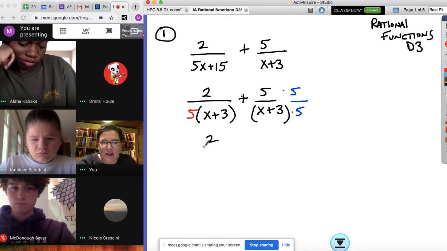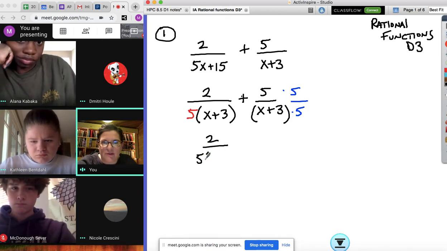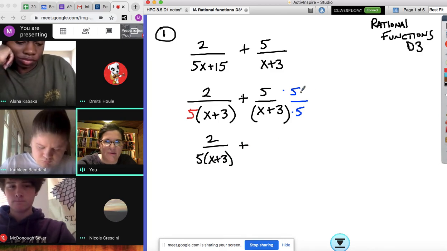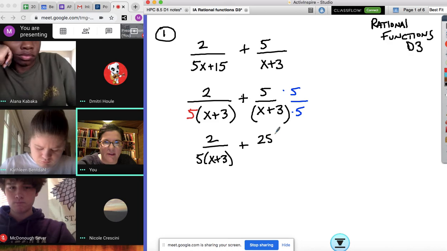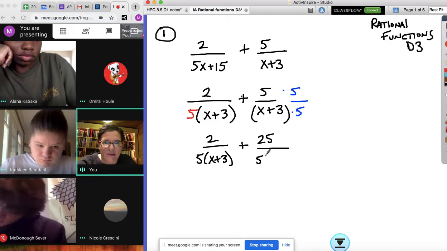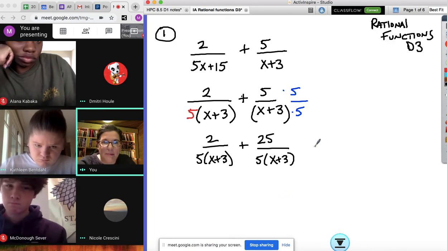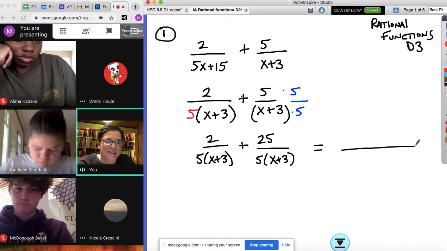So here's what I got right now. I've got 2 over 5 times x plus 3, and over on the right, I got 5 times 5, so that's 25 on the top. And I have that common denominator. So now that I have common denominators, I can add them up. And whatever is the common denominator stays that denominator.